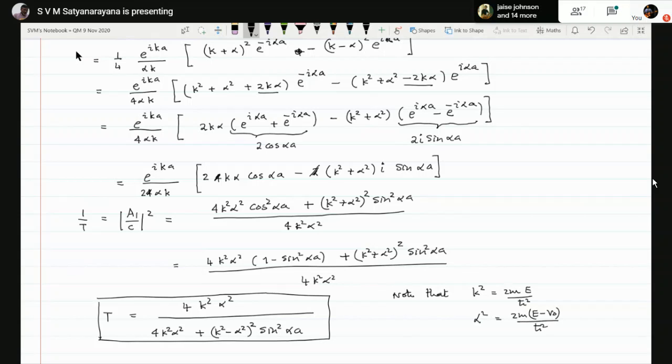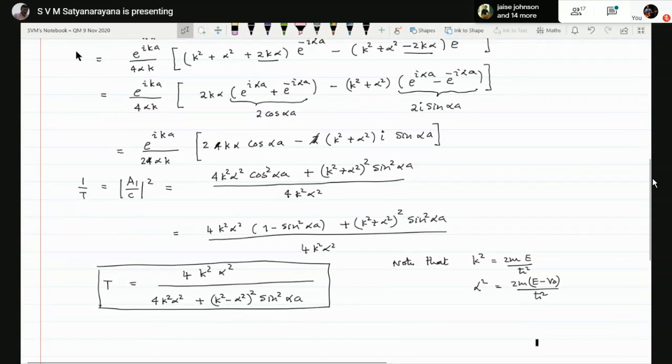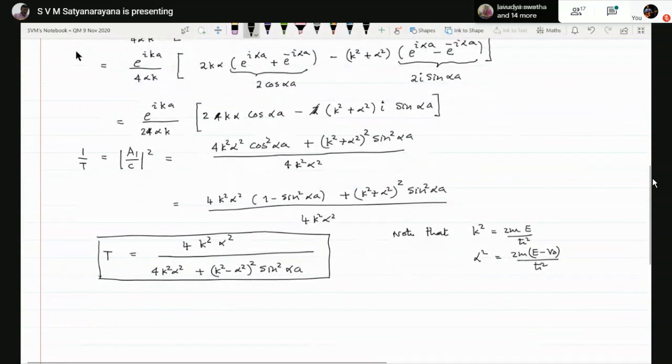Correct? So that means I can now write it in terms of this. So for this transmission coefficient, what will be k square minus alpha square? K square minus alpha square is equal to, the twice m E by h bar square will cancel, so you have twice m V naught divided by h bar square.